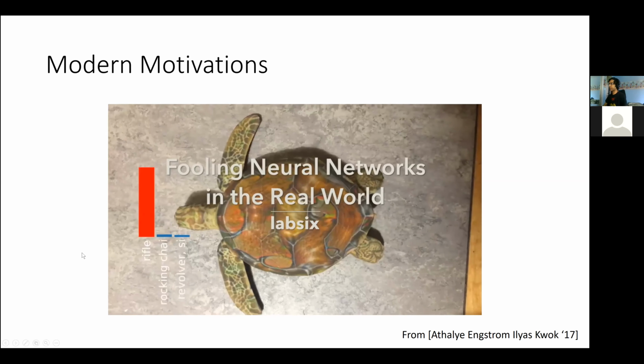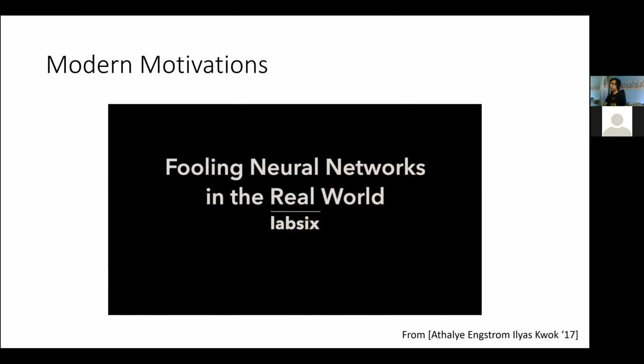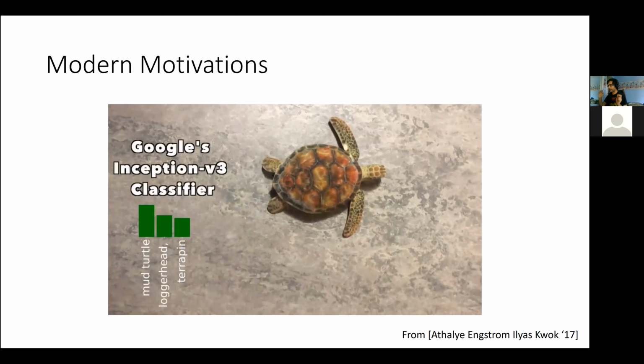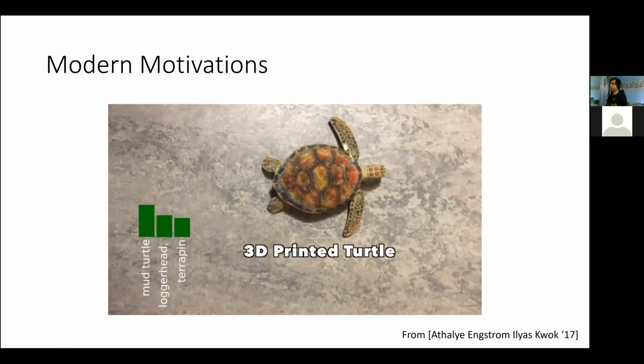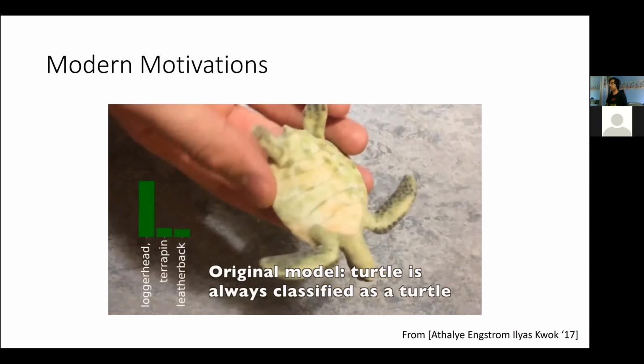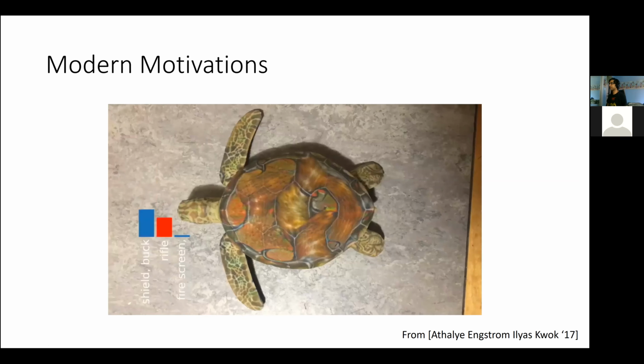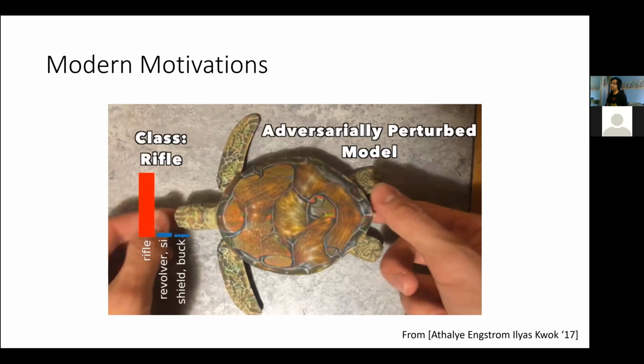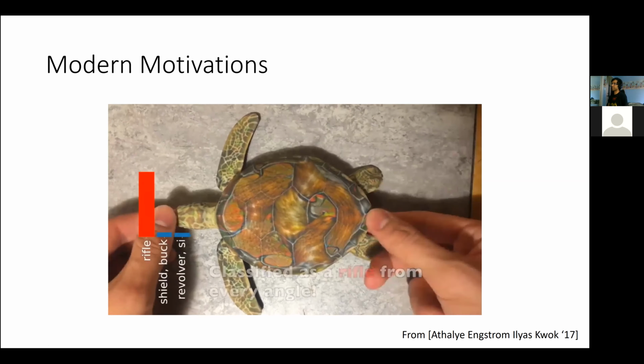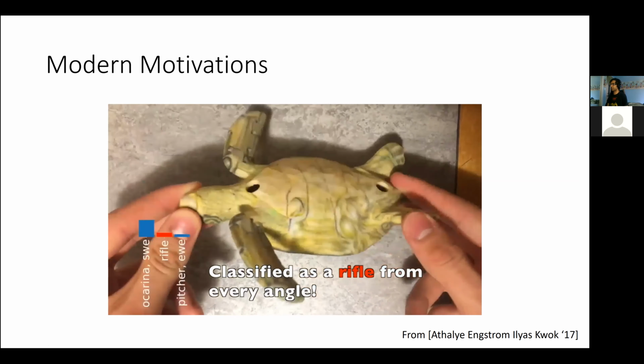This is what they call an adversarial turtle. Here's a regular 3D printed turtle, and here's Google's Inception v3 classifier, which classifies the turtle as a terrapin, which is great. But here's another turtle, and you can see this is classified as a rifle. And in fact, even if you rotate it from all angles, it's classified as a rifle.